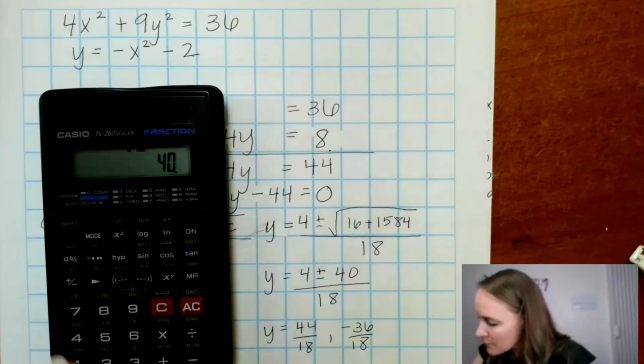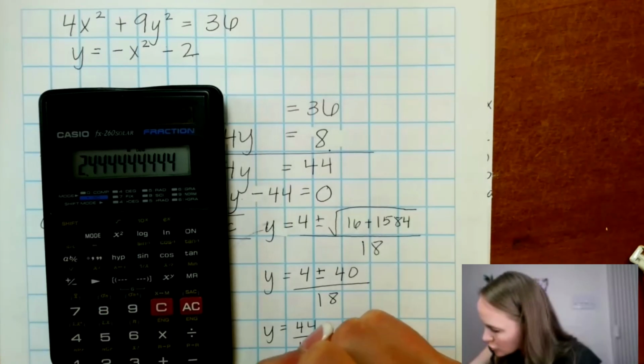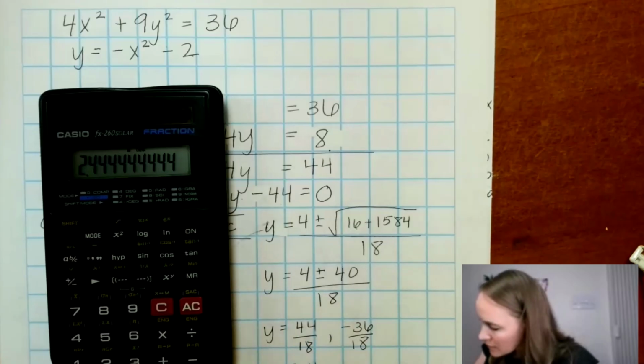Okay, so let's go ahead and simplify this. 44 divided by 18 equals 2.4-ish. And then negative 36 divided by 18 equals negative 2.